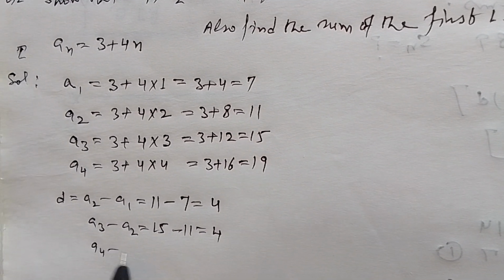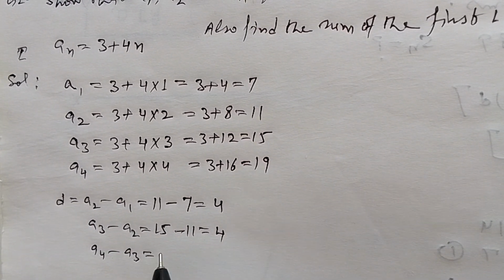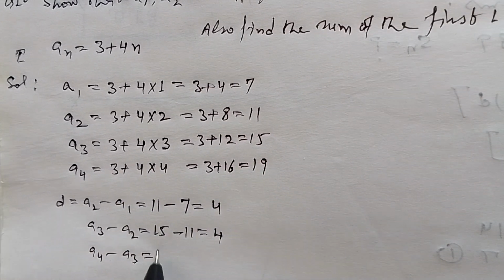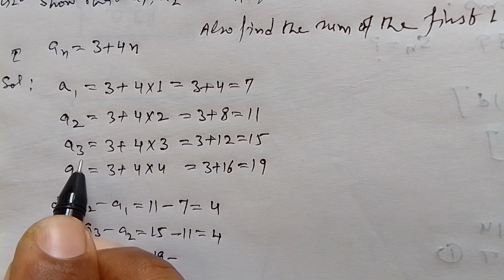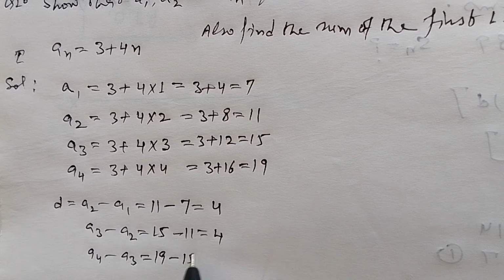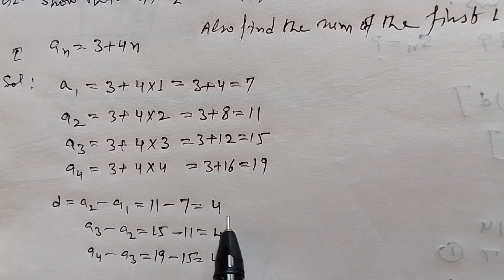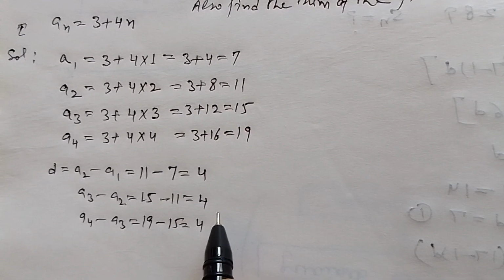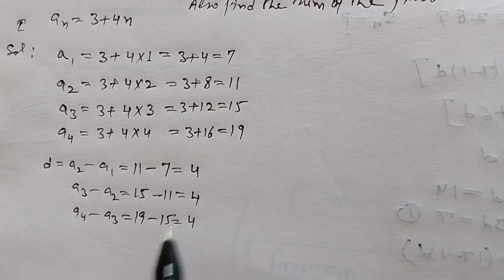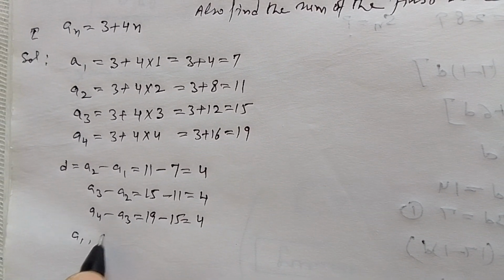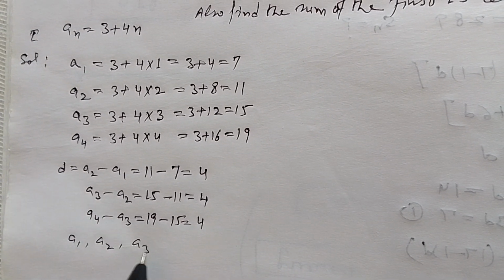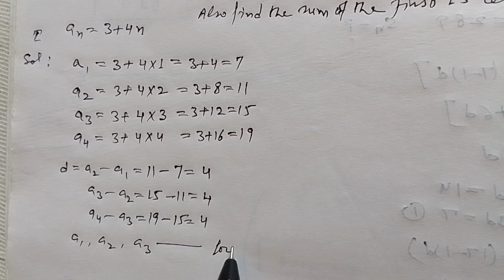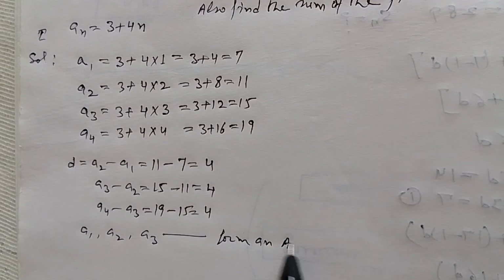Then a4 minus a3, the fourth term is 19 and the third term is 15, so the difference is 4. Since the common difference is 4 in each case, a1, a2, a3 and so on form an AP.